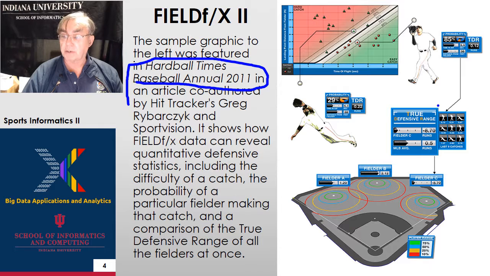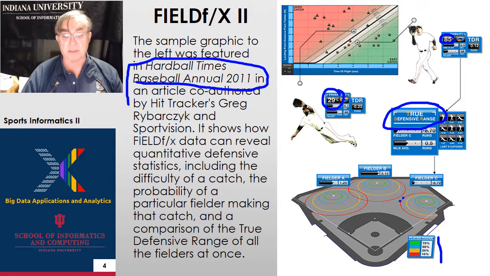Here's the range. We saw that actually on the other picture. Here's a nice example. I told you we can estimate probabilities because we have so much data. Here's a high probability, 85%, and a low one, 29%. And here we have player ranges, probabilistically saying you can get to this range and catch the ball, presumably with a 10% efficiency.